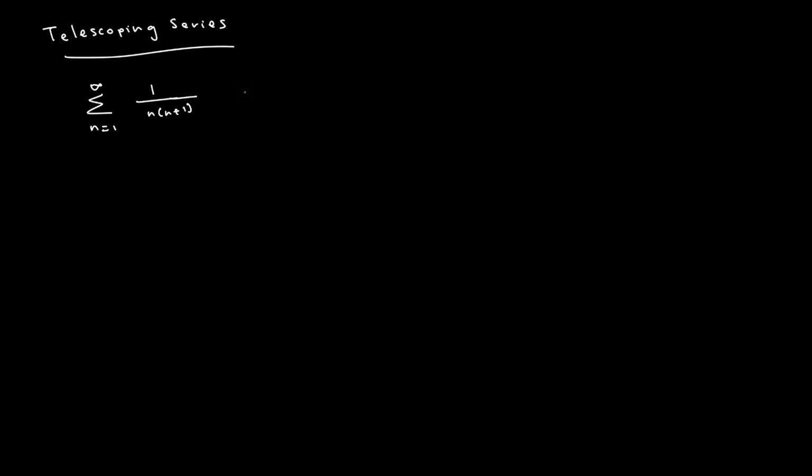One way we can deal with this is to use our knowledge of partial fraction decomposition, and write this as the sum from n equals 1 to infinity of 1 over n minus 1 over n plus 1. You can confirm that. Now it's just the idea of using patterns. Let's find the sum of just the first term.